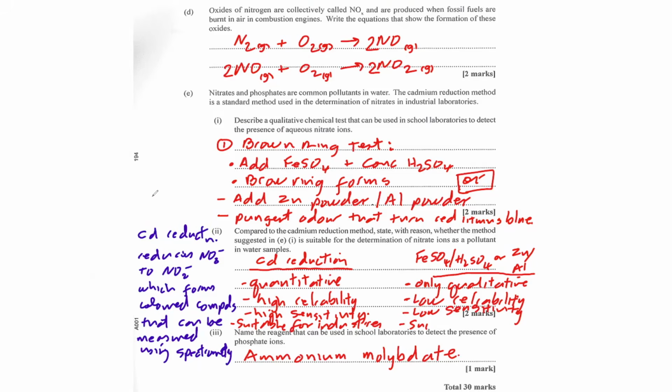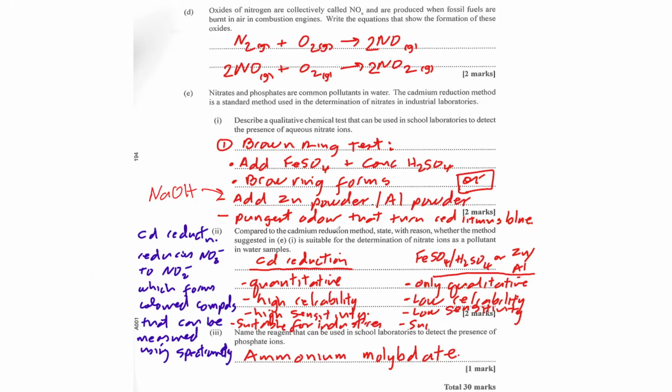So it is sodium hydroxide followed by the addition of zinc powder or aluminum powder. And what will happen there is that you will produce a pungent odor, and that pungent odor is ammonia, which you can use red litmus paper, or red and blue litmus paper, to test for it. So the red litmus paper should turn to blue, proving the presence of ammonia gas, while the blue litmus paper should remain the same.